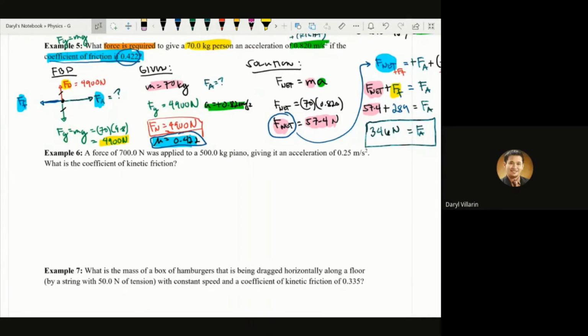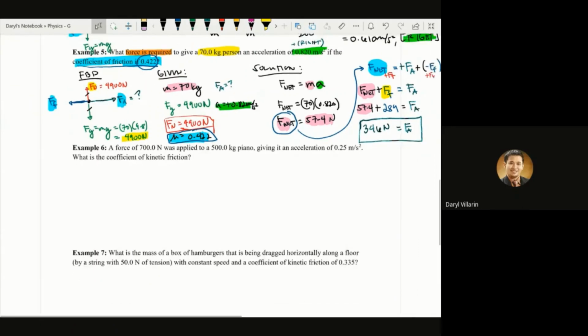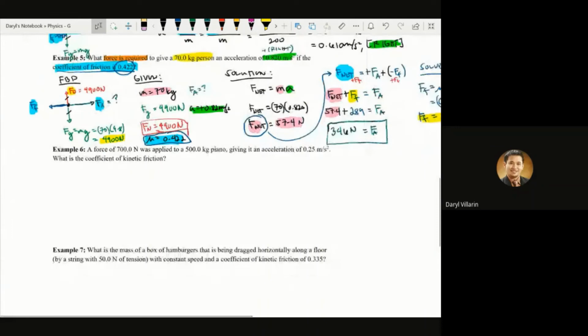Okay. So any questions with that example? So again, if you're trying to relate and apply the first and the second Newton's law. So first Newton's law is applicable for objects that are not moving or moving with a constant velocity.